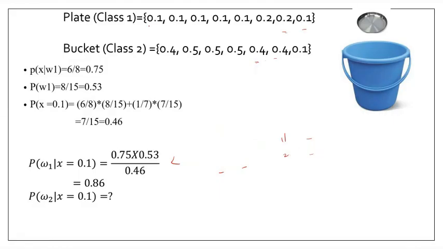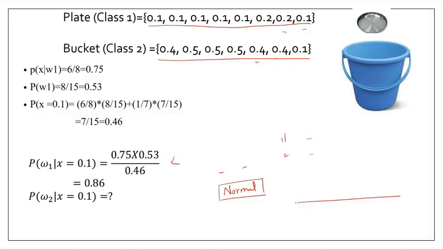Based on this list for omega 1 and this list for omega 2, I try to fit a model of data. A common choice is that I assume my data distribution is of normal form, a normal distribution, like a bell shape.